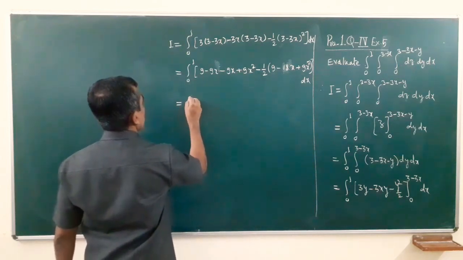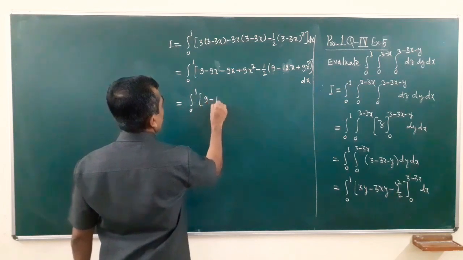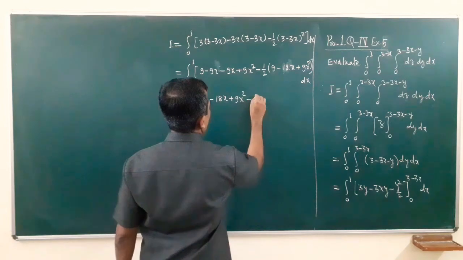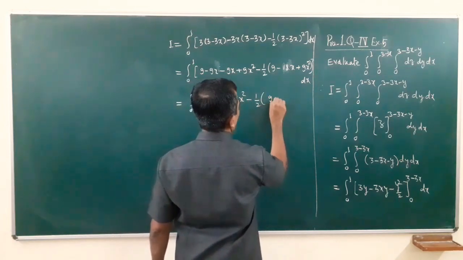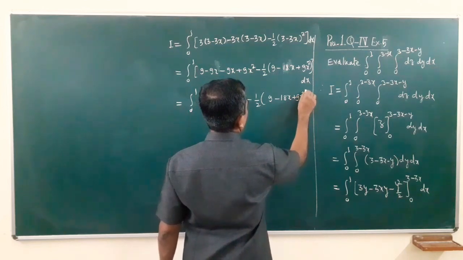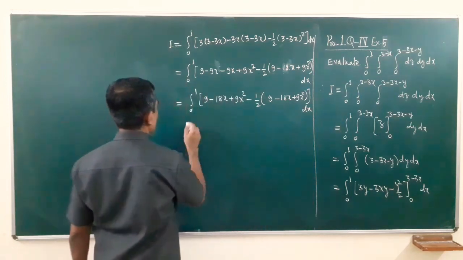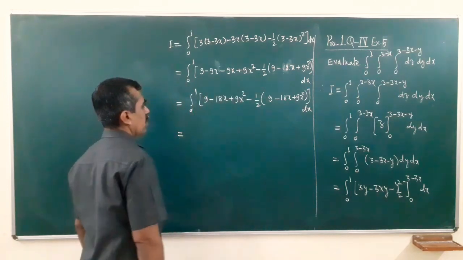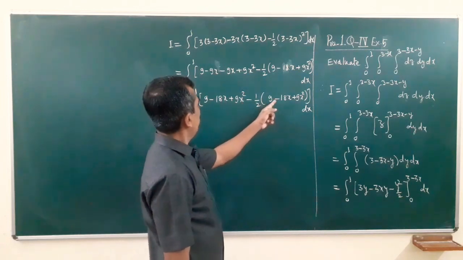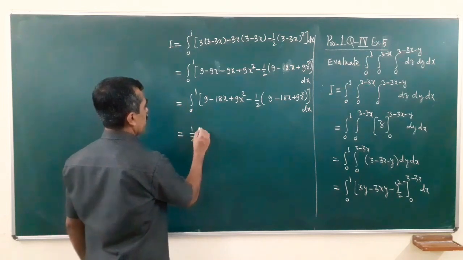So integral 0 to 1, 9 minus 18x plus 9x square minus half into 9 minus 18x plus 9x square with respect to x. Okay, so just you observe 9 minus 18x plus 9x square, and 9 minus 18x, this is minus half, so 1 half will remain, positive half.